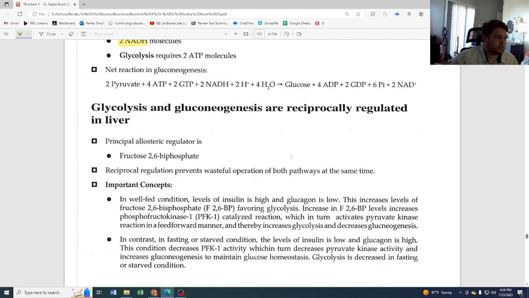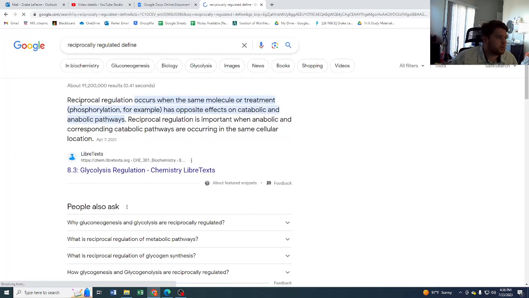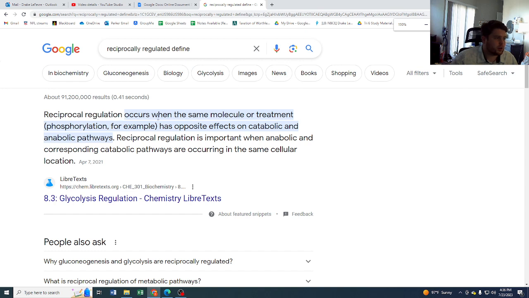Glycolysis and gluconeogenesis are reciprocally regulated in the liver. Reciprocal regulation occurs when the same molecule or treatment has opposite effects on catabolic and anabolic pathways.